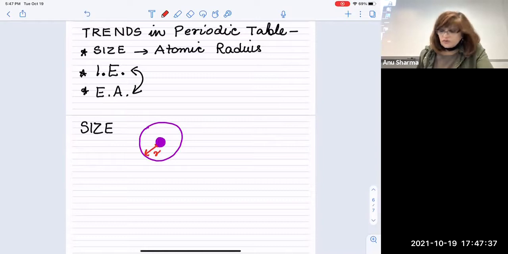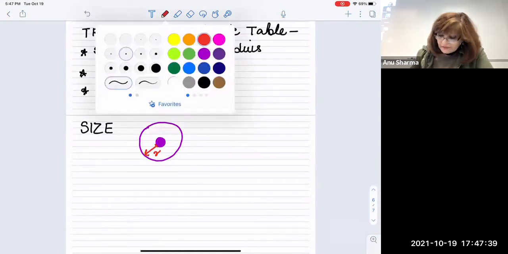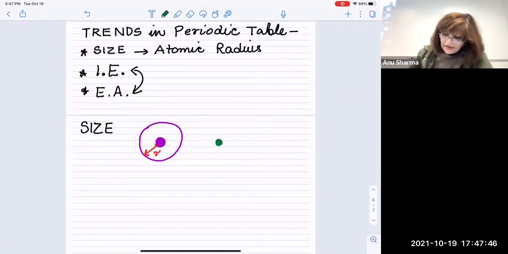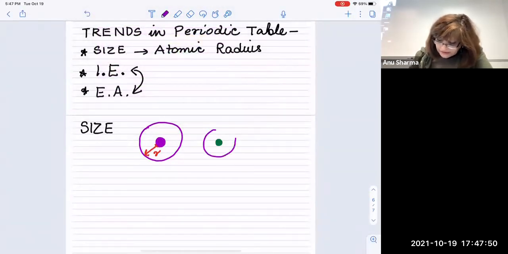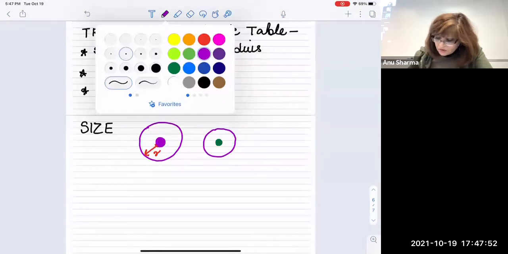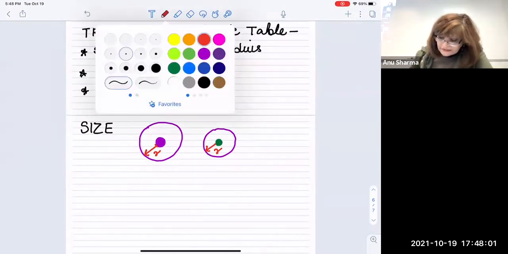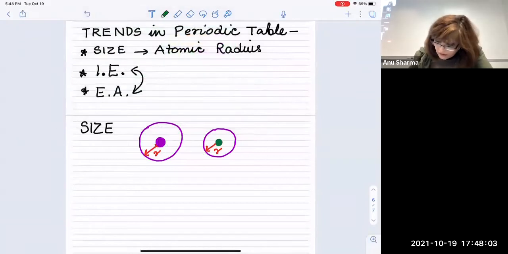So the radius of an atom depends upon the nucleus, and what is the spread of the electron cloud. Remember that the size of the nucleus depends on how many protons are there. So the heavier the nucleus is, it is going to exert a lot of influence.